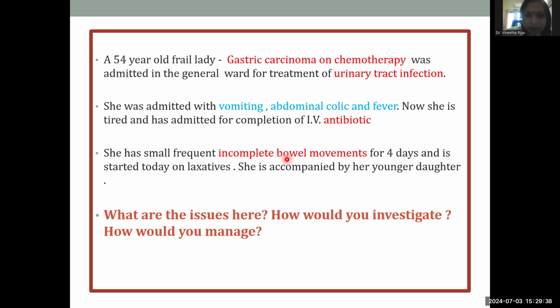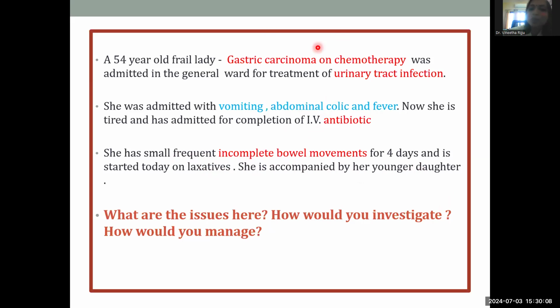Now you have here the other symptoms: small, frequent, incomplete bowel movements. And she's just been started on laxatives and she's accompanied by her younger daughter. Now, is there something that you see here? Another cause for the constipation. What I wanted to highlight over here is what we all take for granted. Absolutely, environment. Yes.